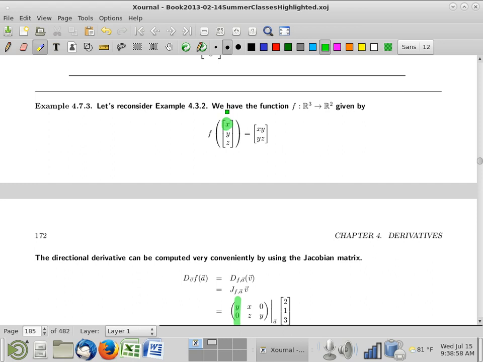So we're going to take x partials of these two functions, and that's y and 0, as I have here. The second column comes from taking partials with respect to the second variable. So y partials of these two functions, x and z, which is, again, what we have here. And then likewise for the third column, z partials.